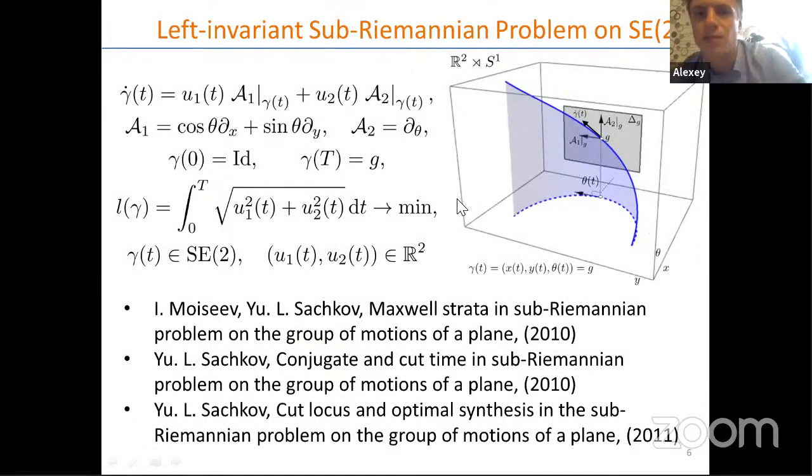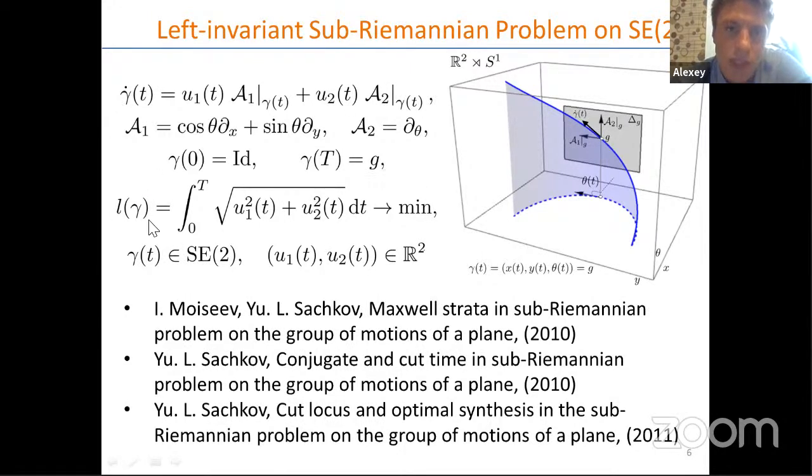Then the Sub-Riemannian problem on SE2 can be written as the following optimal control problem. Given the dynamics, the control system gamma dot equals u1 A1 plus u2 A2, where A1 and A2 are given vector fields on SE2, one needs to find a curve that goes from the identity of the group and ends up at an arbitrary end configuration, so that the corresponding Sub-Riemannian length is minimal.